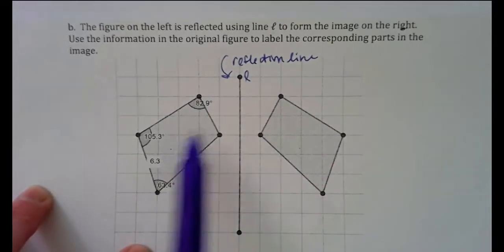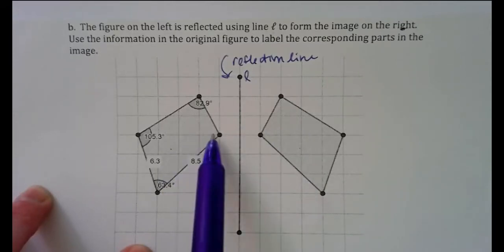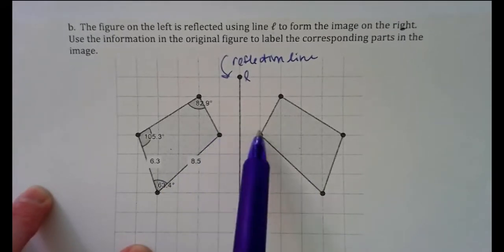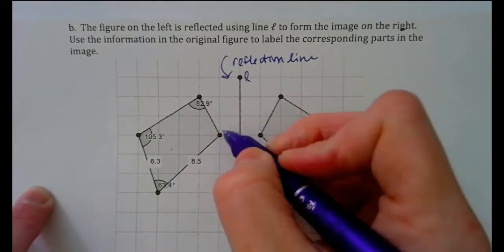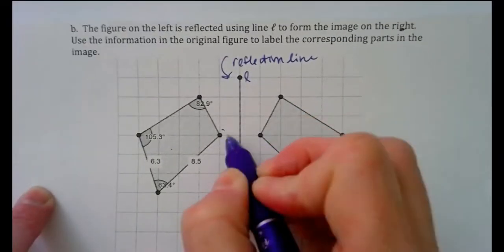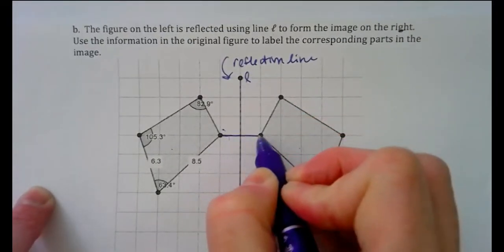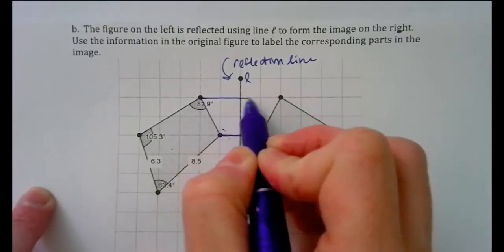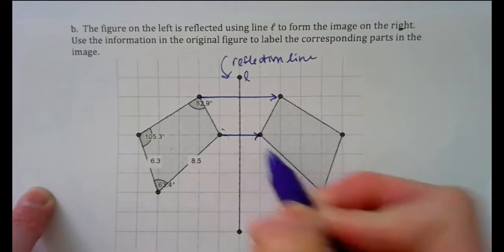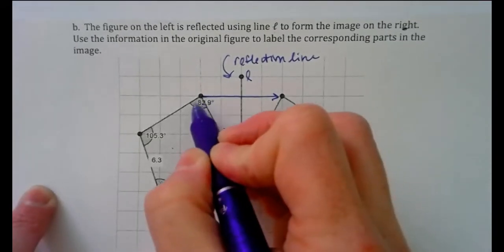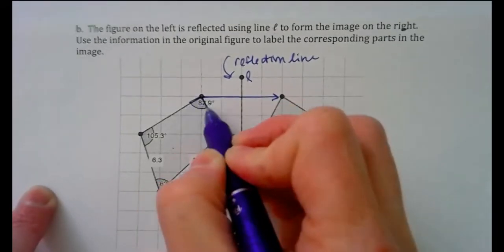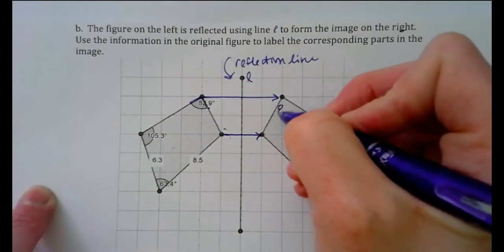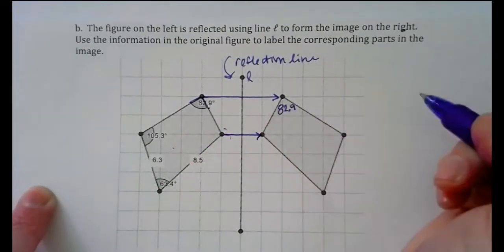So remember, with a reflection, if it was on the left, now it's on the right. So this point corresponds to this point. This point corresponds to this point. So if this angle is 82.9, that means this angle is 82.9.